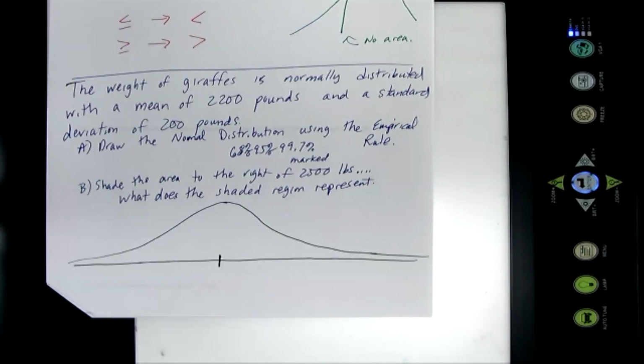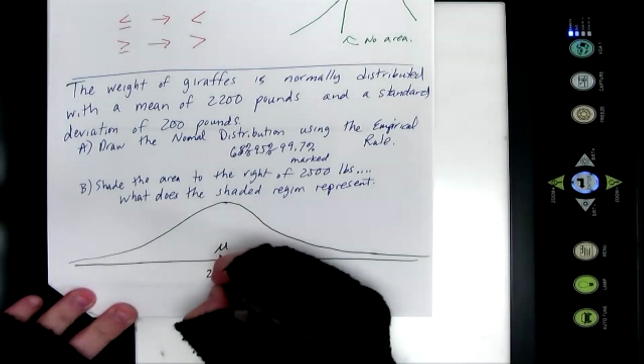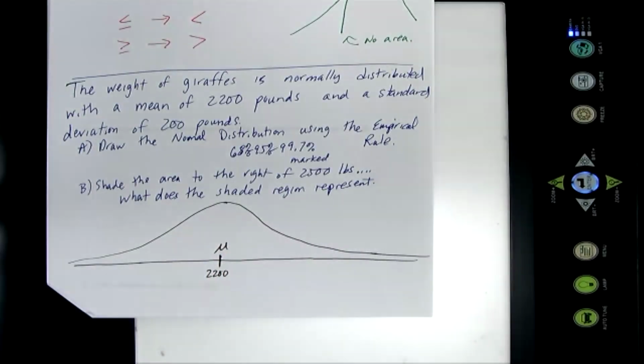The mean goes right here, so 2,200 is right here. What do the 68, 95, and 99.7% represent from the empirical rule?